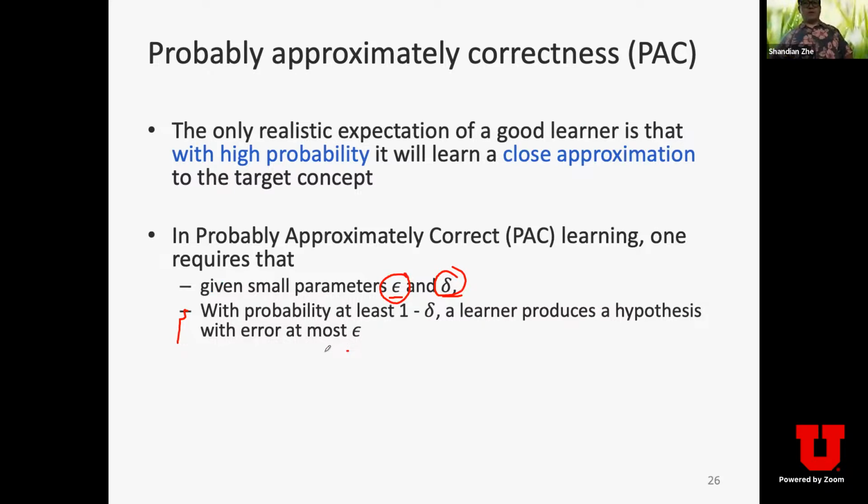For example, if I take epsilon to be 0.05 and delta to be 0.05, then our description of your learner will be that it can, with probability at least 0.95, find a hypothesis with true error at most 0.05. That means your learner is pretty good.